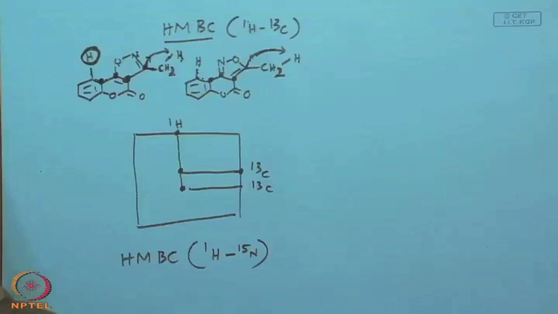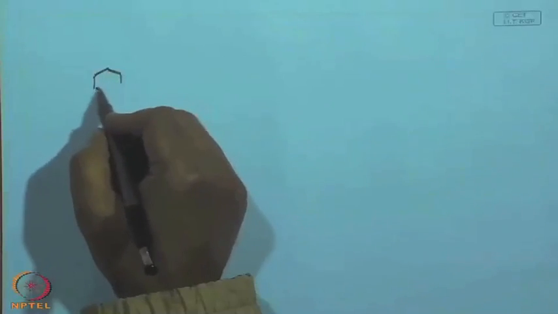So, all I have is a carbon HMBC. Okay, let us try with carbon HMBC and see whether we can distinguish two isomeric compounds which are heterocyclic.